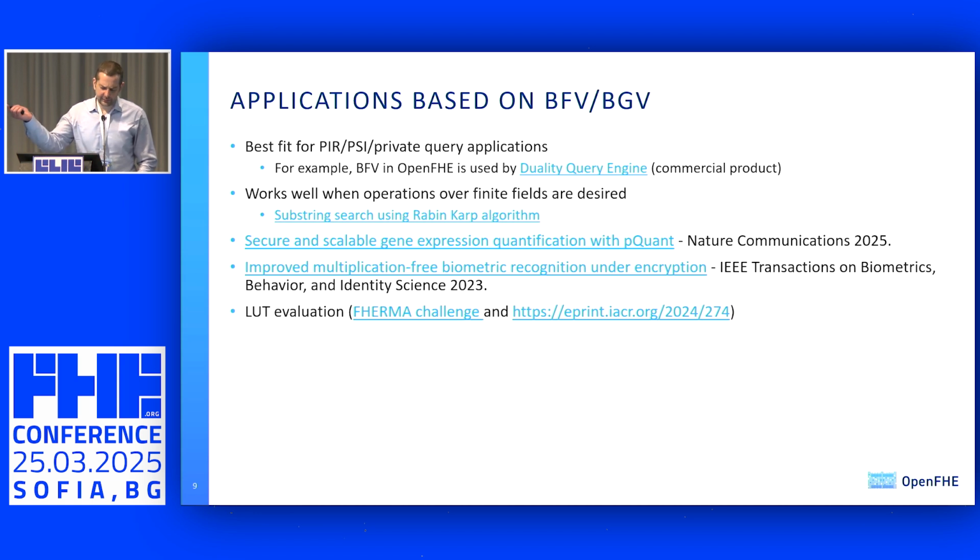There was, for instance, a Fermat challenge that was solved using BGV BFV, using Fermat's theorem and some additional things. There is also an interesting ePrint paper by Yangwu and the Sila team that built something based on BFV LUT functionality. In my mind, these are some of the common applications of BGV BFV that we see.